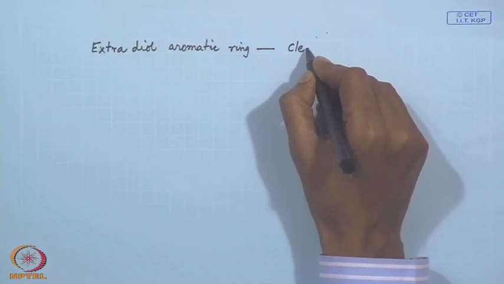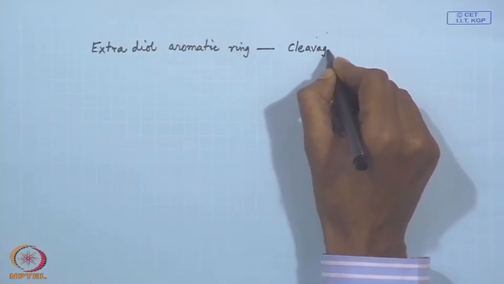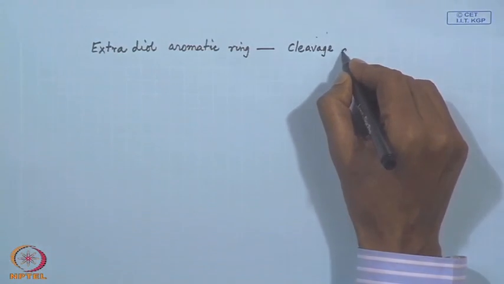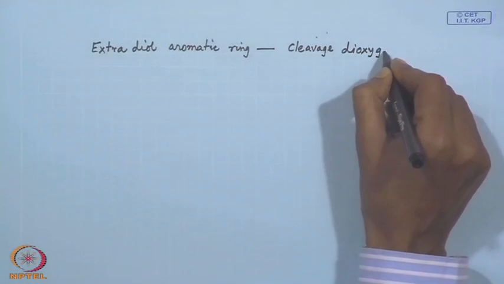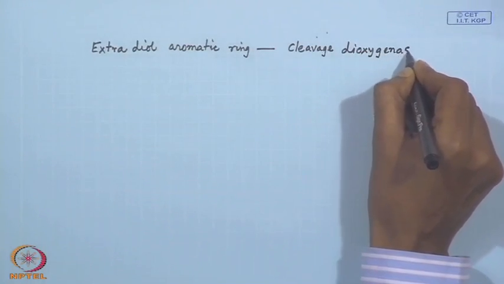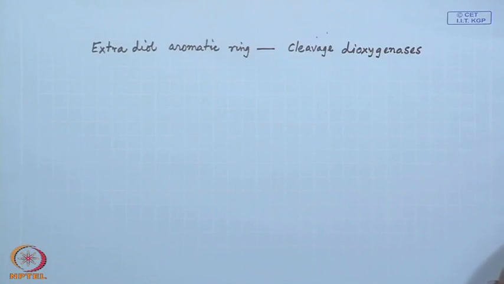So, these are the cleavage dioxygenases. So, we consider them as extradiol aromatic ring cleaving agents.